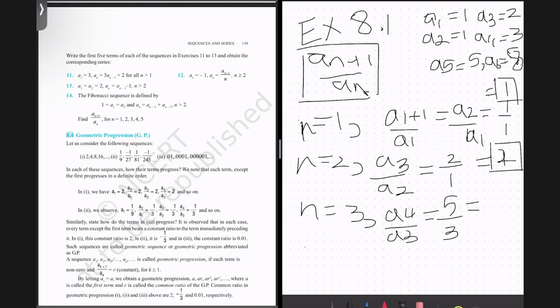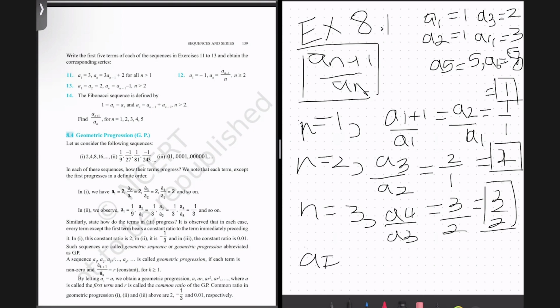I'm sorry, I may goof it up a bit here. For n equals 3, a of 4 is nothing but 3, and a of 3 is nothing but 2. Correct. So I have 3 by 2 as the third term, right?